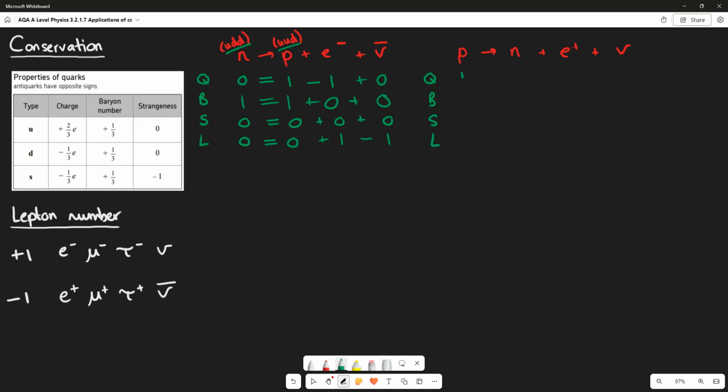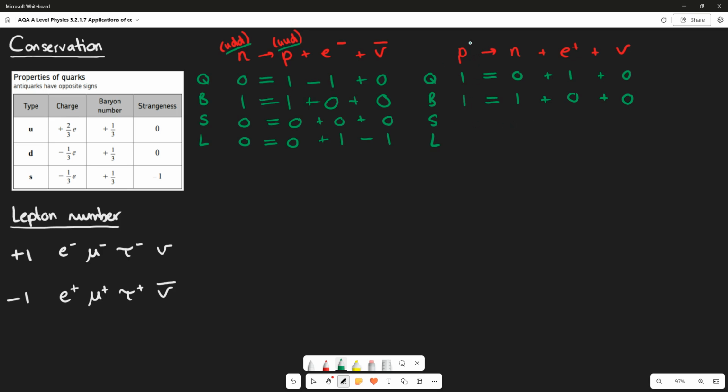Charge of a proton is 1, a neutron is 0, a positive electron has a charge of positive 1, and all neutrinos have no charge. This is equal to that. Charge is conserved. A proton is a baryon, so is a neutron. An anti-electron is not, and neither is a neutrino. This balances.